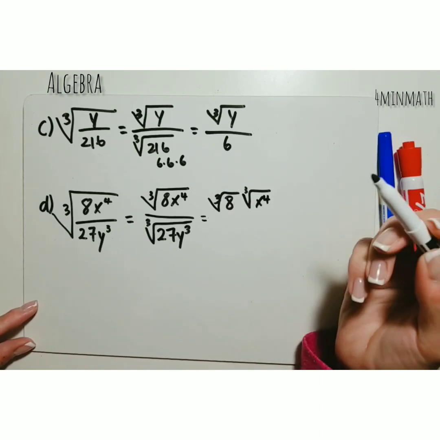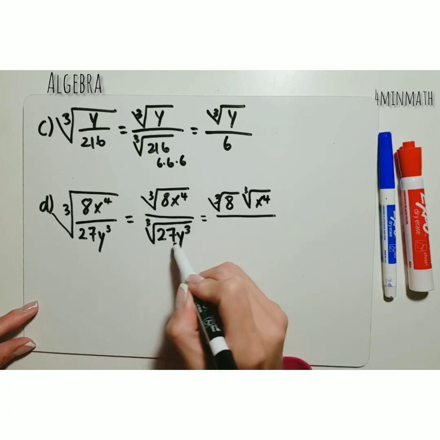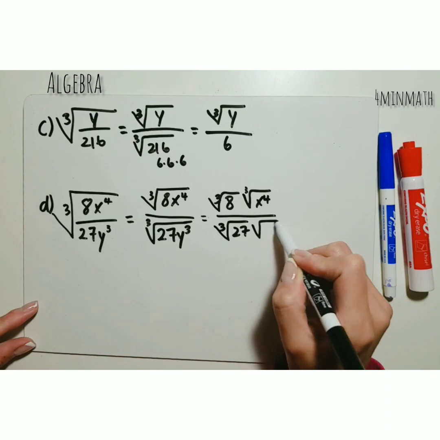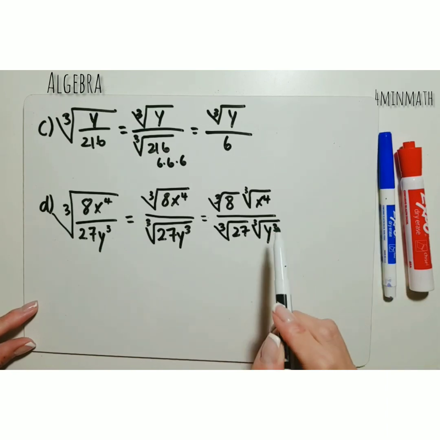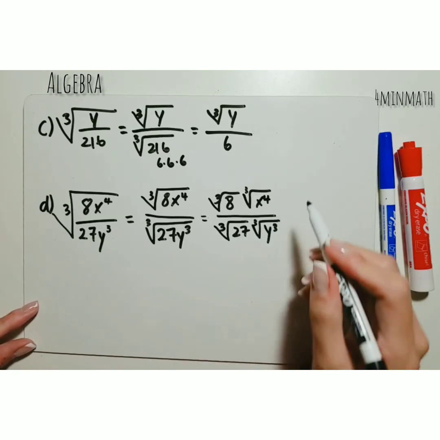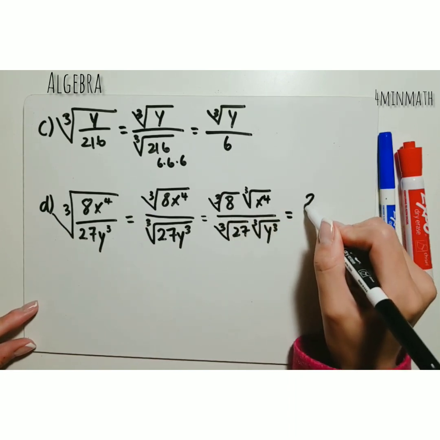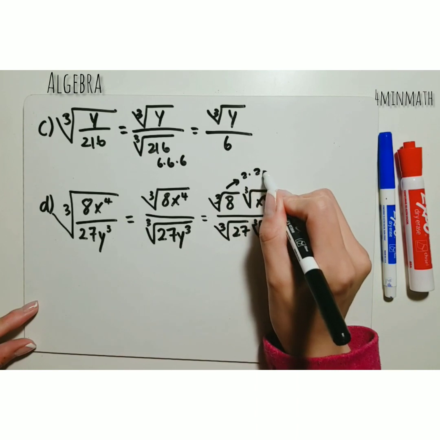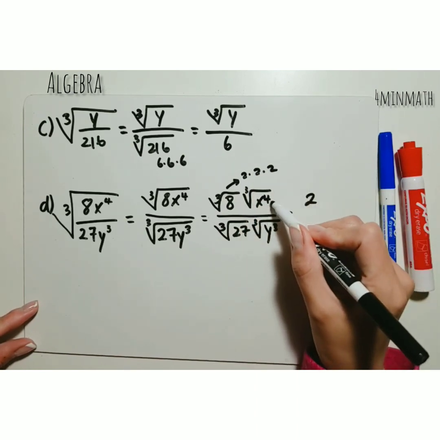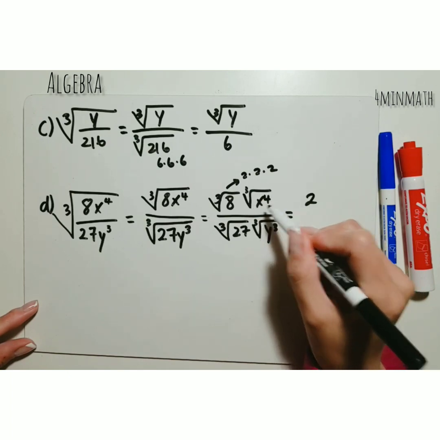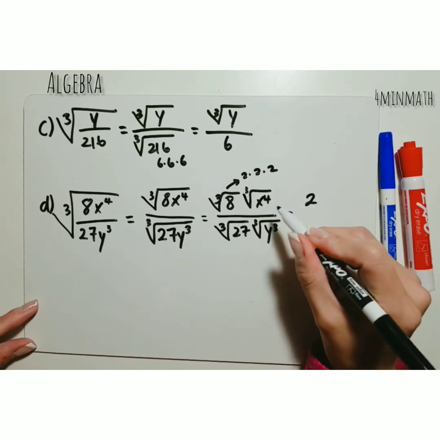Cube root of 8, I already know the answer to. Then the bottom here is cube root of 27, and then a cube root of y cubed. And again, you can skip this step if you would like. Cube root of 8 is a 2, because it's 2 times 2 times 2. X to the 4th, remember, you're thinking about the greatest possible cube you can take from there, the factor.